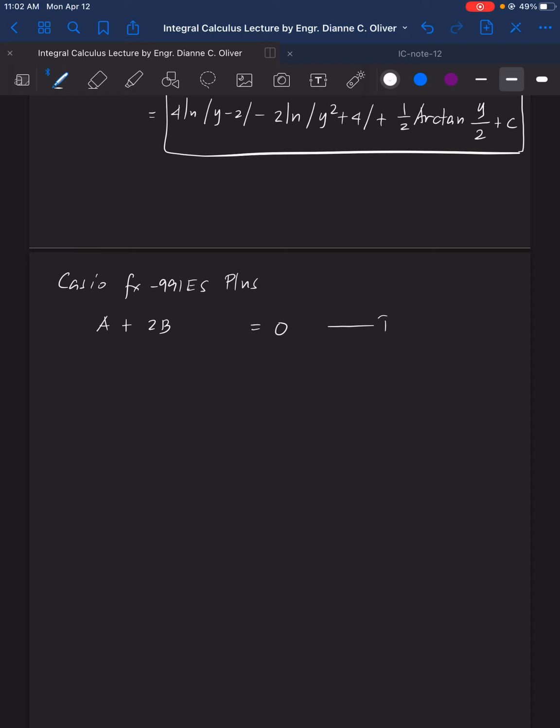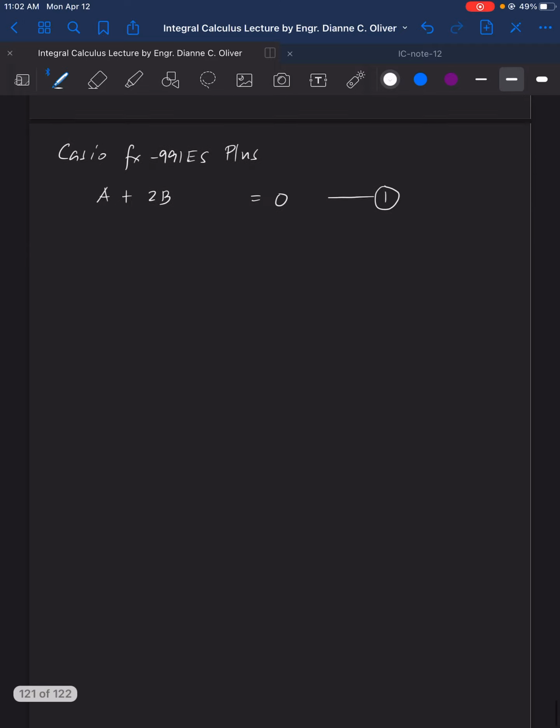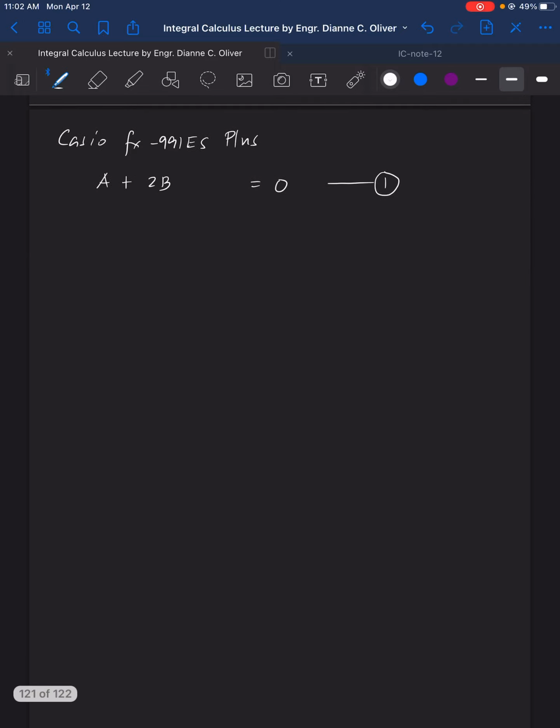This is equation 1. Then we have here negative 4b plus c equals 9 for equation 2. We have 4a minus 2c equals 14 for equation number 3.